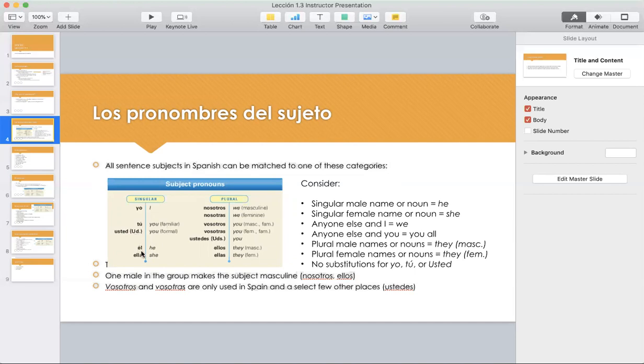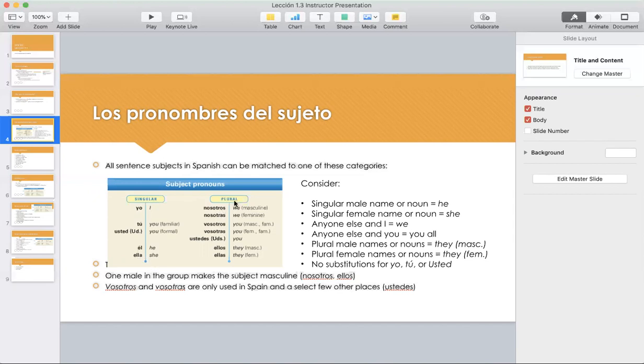Then we have él, which is he. Now, you want to keep in mind that the é has an accent mark, because if you see el without the accent mark, it actually means the. It's a masculine, singular, definite article. Then we have ella, which means she.